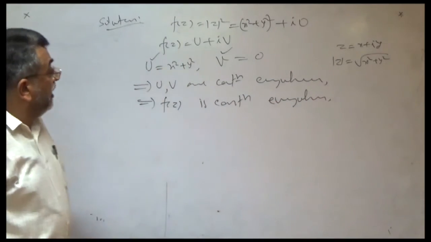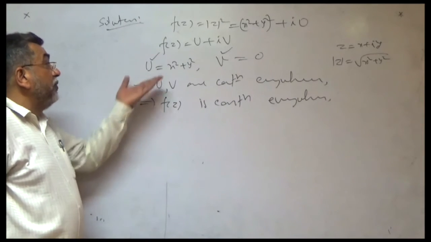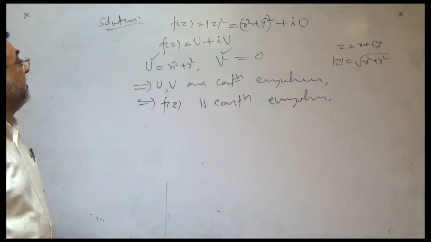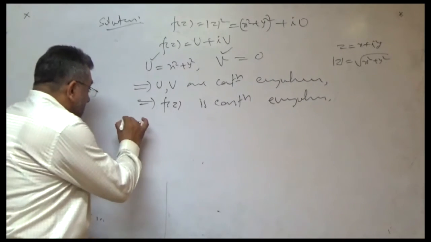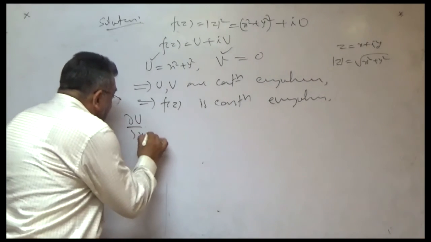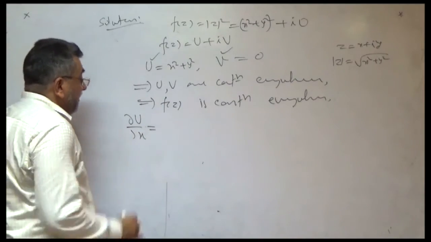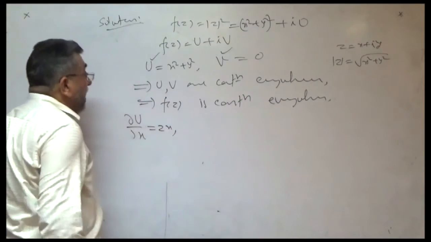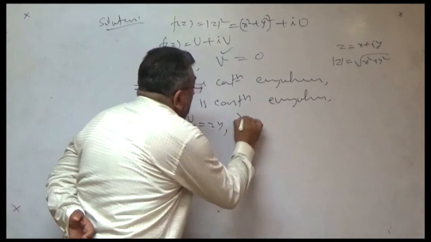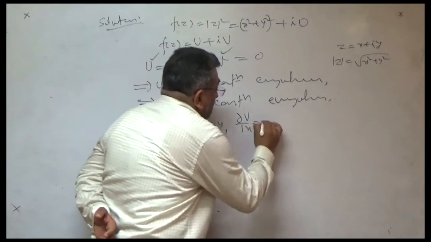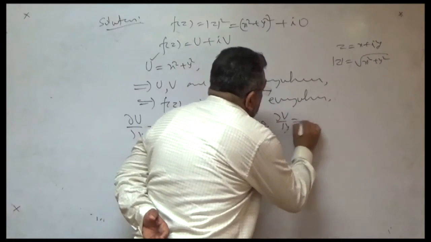Right? Now we have to discuss the differentiability of this function. For differentiability, if we take partial derivatives, the partial derivative of u with respect to x is 2x, the partial derivative of u with respect to y is 2y, although the partial derivative of v with respect to x is 0 and with respect to y is 0.